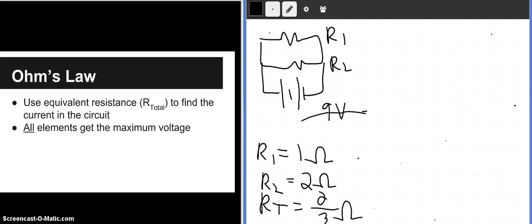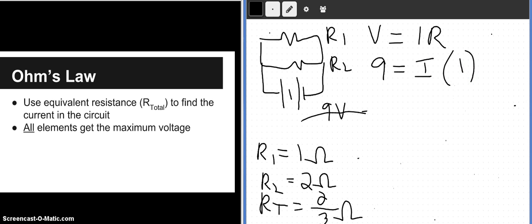So we left off. We can use the fact that all the elements get the maximum voltage to figure out how much of that 13.5 amps each of them gets, which means we have to do V equals IR twice. So we have V equals IR. So 9 volts equals the current for resistor 1 times 1 ohm.